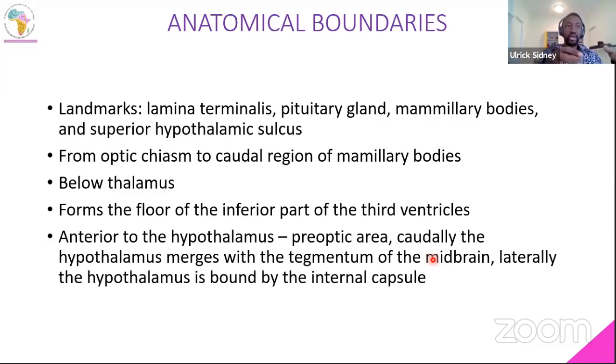You equally have the thalami, like I said, above the hypothalamus, both thalami above. The hypothalamus below will continue as the tuber cinereum, and then the infundibulum, then go on to be the pituitary gland. Very important again because of the close relationship between the hypothalamus and the pituitary gland.